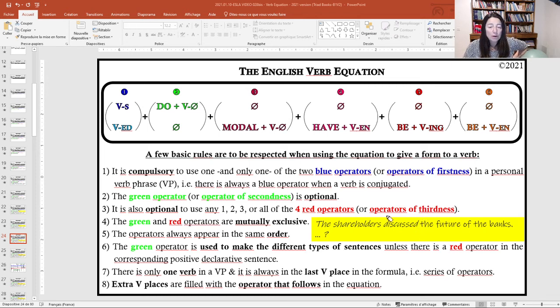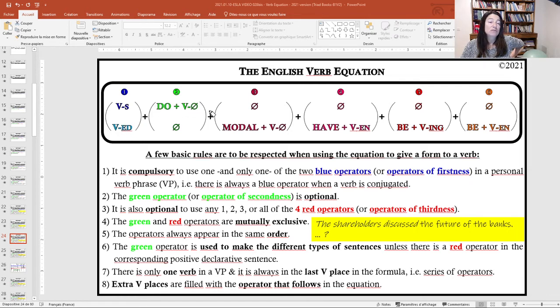And then we know we want to create an interrogative sentence. So how do we do that? Well, actually, we know that if there is no operator in the positive declarative sentence, we need to use do plus V0. So let's do that.